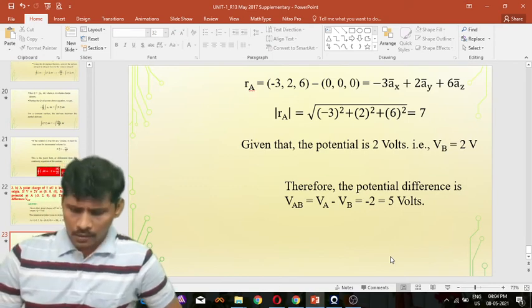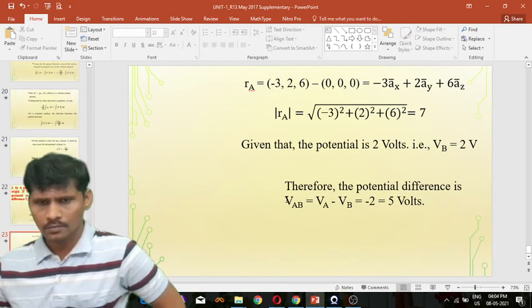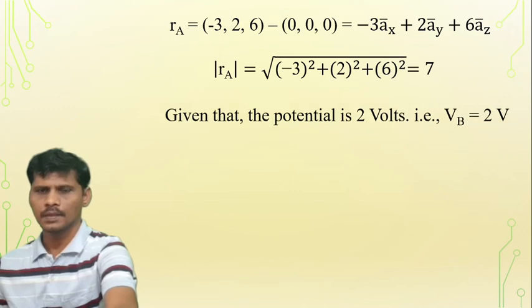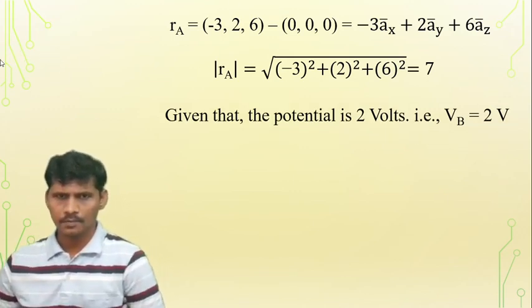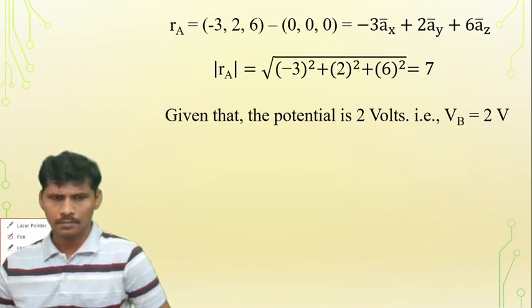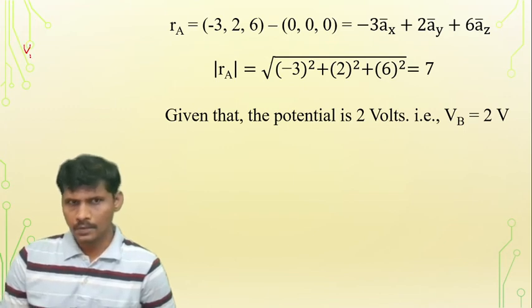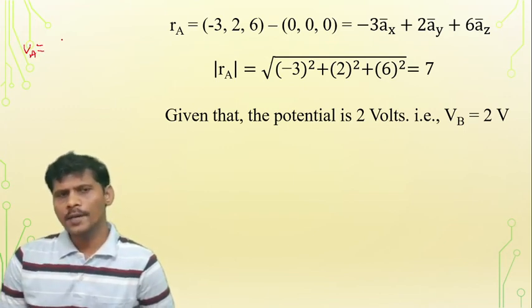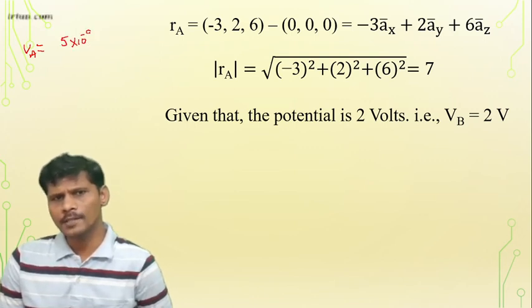So what is the potential at point A due to the point charge Q? VA is equal to Q by 4 pi epsilon naught into RA. What is the Q value here? 5 nanocoulombs, 5 into 10 to the power of minus 9.